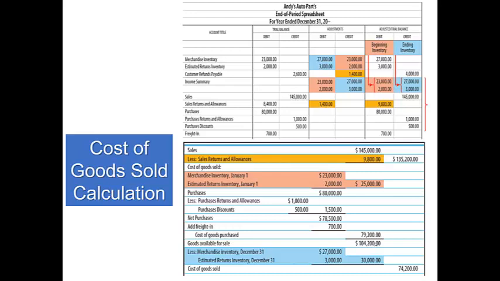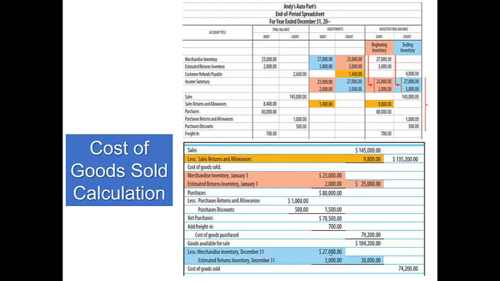Now I need to go and get the ending inventory so that I can calculate the cost of goods sold. I'll go to the same place, the income summary account, and this time I'm looking at the second set of figures. That's going to be my ending inventory for the regular inventory and the estimated returns inventory.